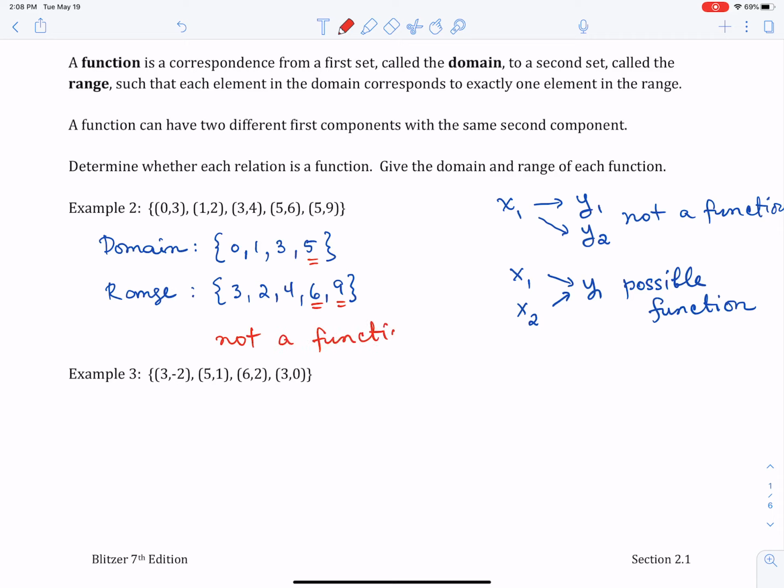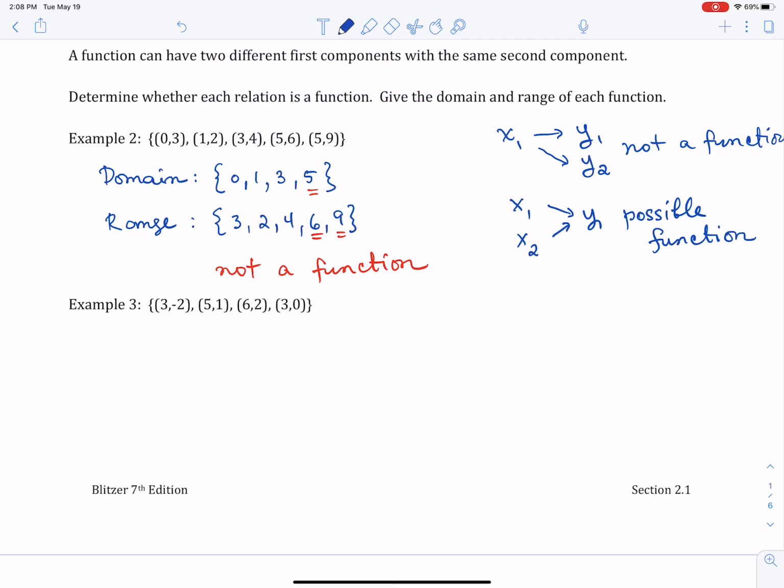Let's look at example 3. In example 3, the domain consists of 3, 5, and 6. However, 3 produces two y values. 3 produces the value of -2 and a 0.